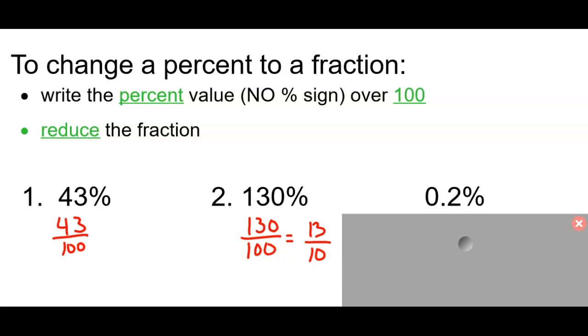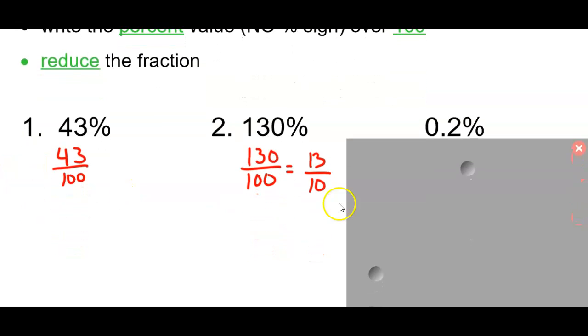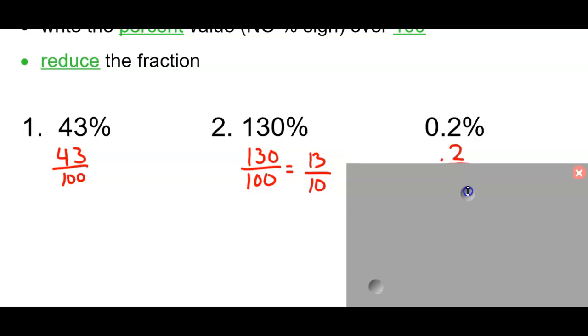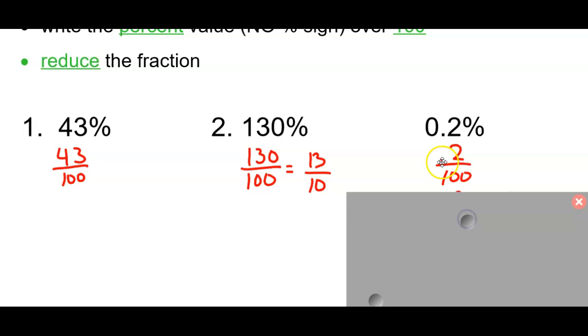All right, let's look at 0.2%. Now this one's a little tricky because we can't have a decimal when we start this process. So the very first step is to change this 0.2 over 100 to move this decimal over.